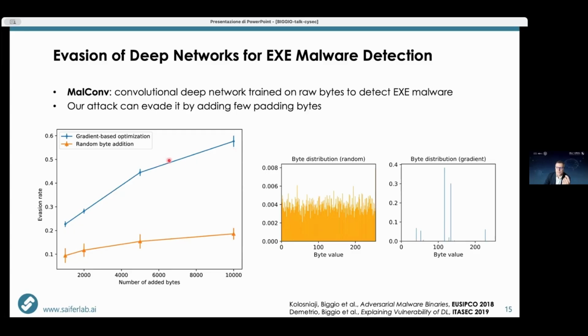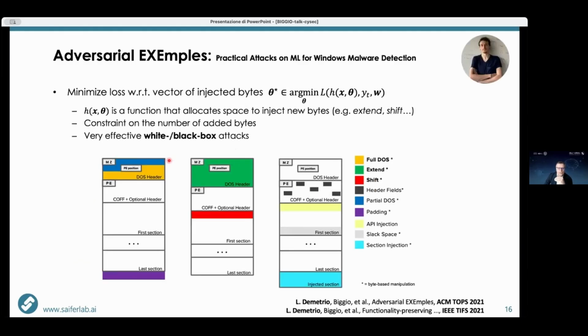Then we studied many other transformations that you can apply to executable files without corrupting functionality. And in particular, we show that you cannot just pad bytes at the end, but you can abuse the file format in many different ways. So all the colored areas that you see here are bytes that can be either added to the initial program or changed in the initial program without compromising functionality.